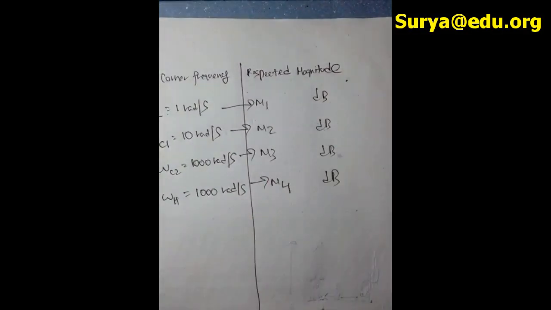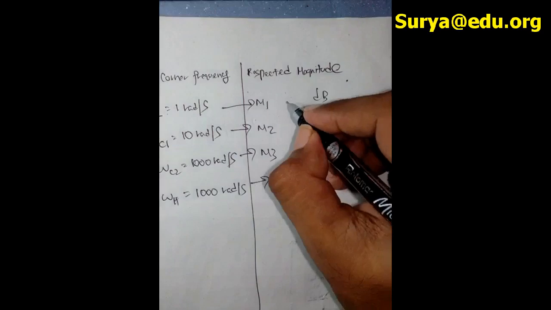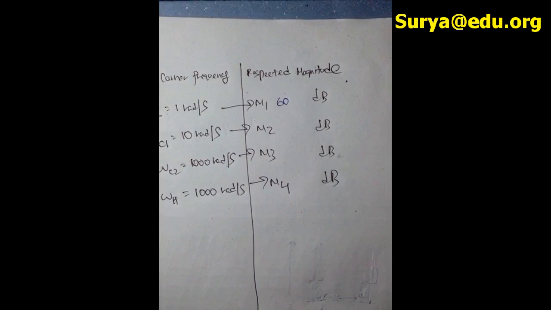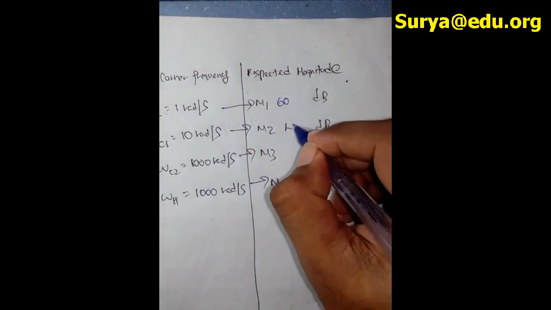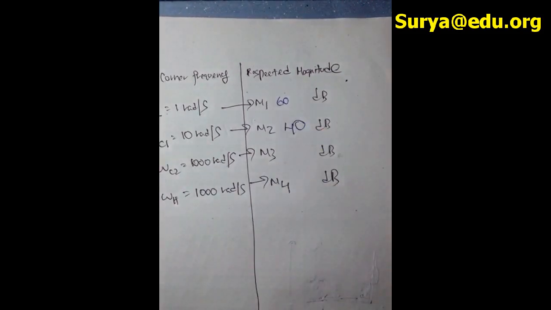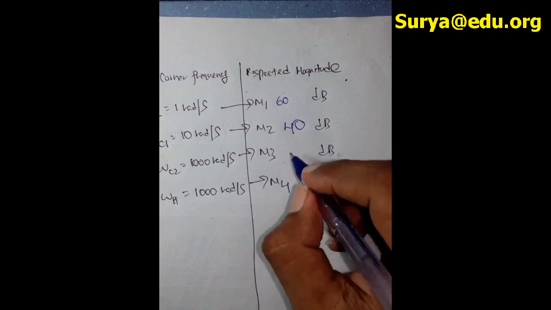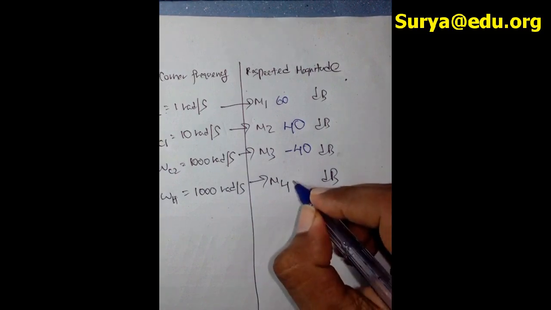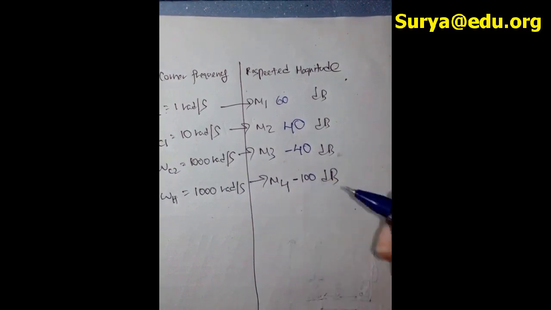So M1 we calculated: M1 is 60 decibels, M2 is 40 decibels, M3 is minus 40 decibels, and M4, the last one, is minus 100 decibels.